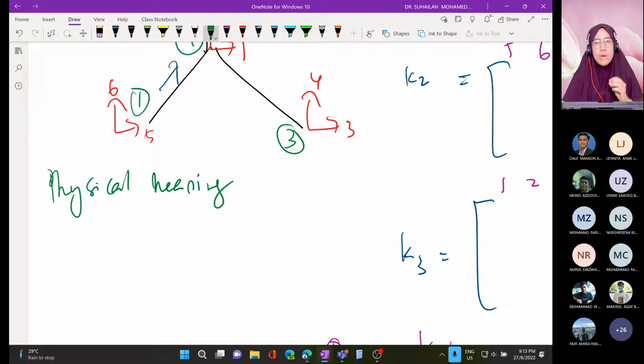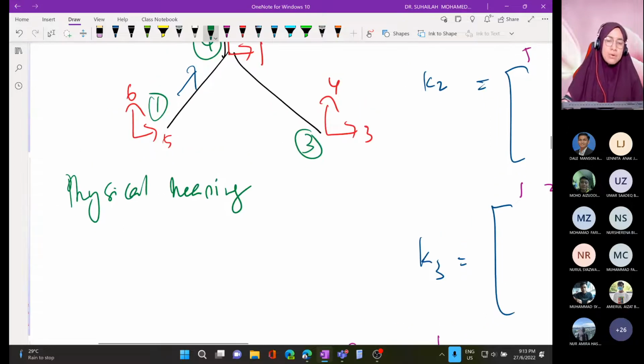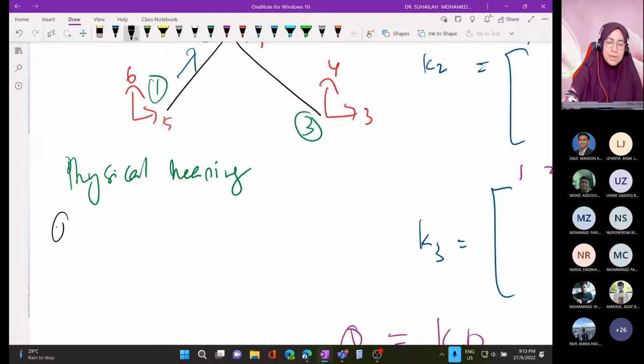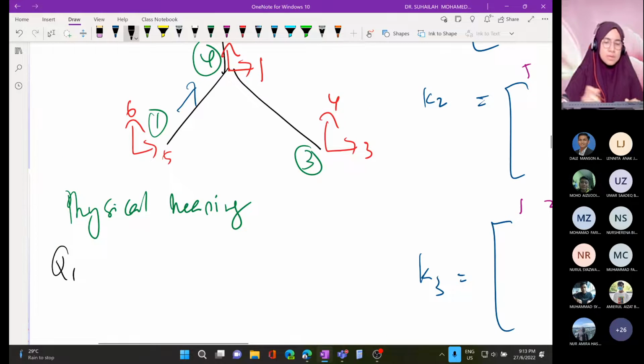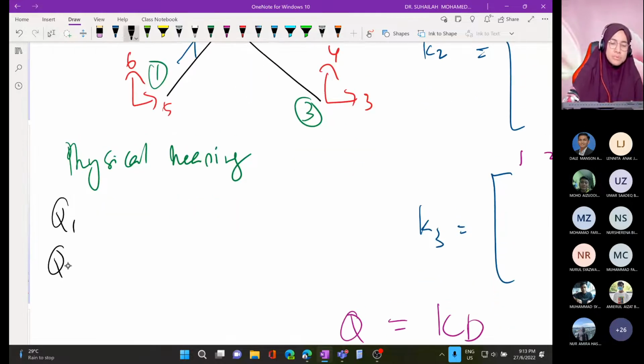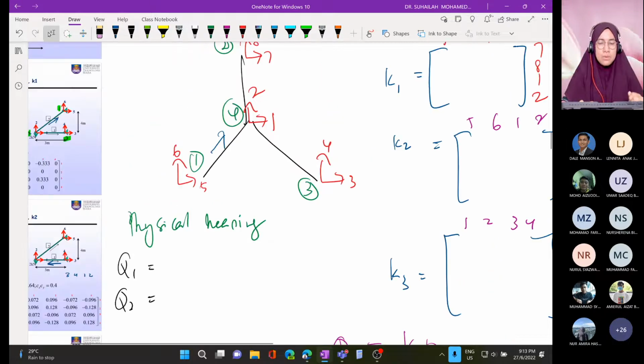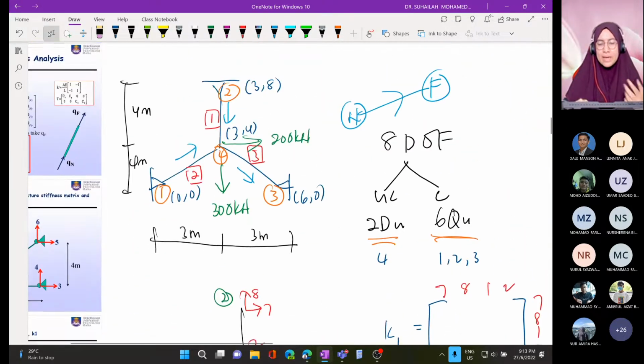And to transform the right value into an equation, we have to understand the physical meaning. It means that we will have Q1 and Q2.